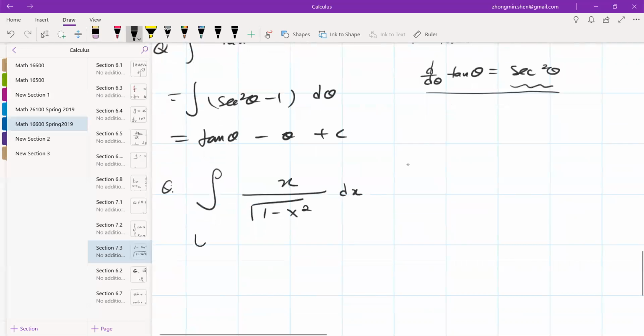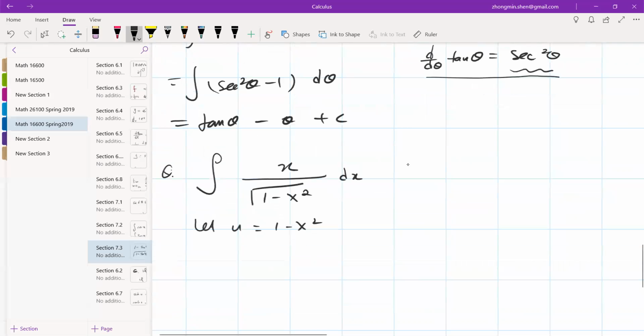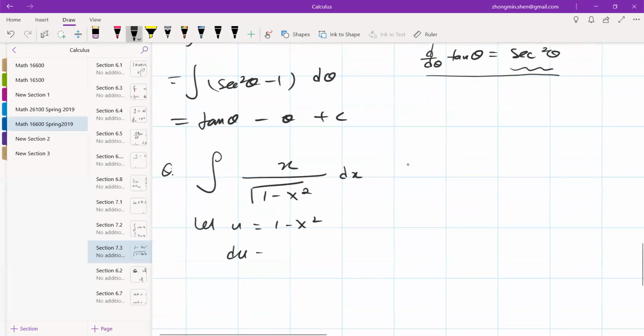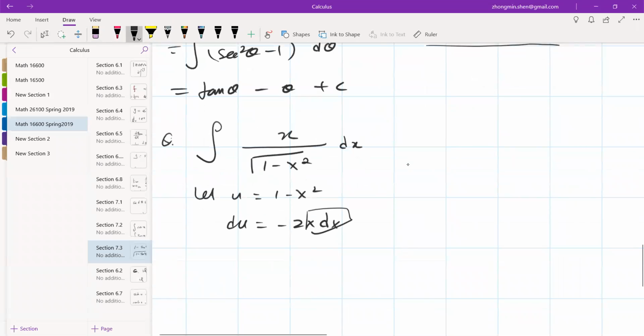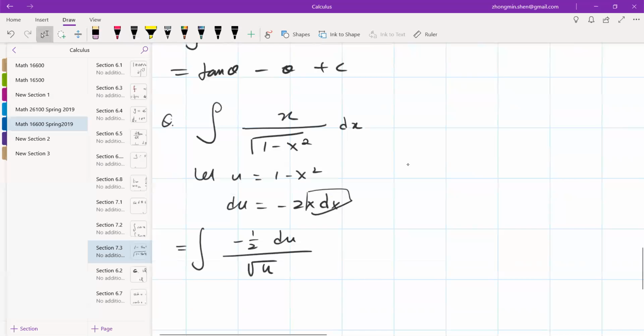You let u be 1 minus x squared. Then du equals negative 2x dx, and that is the one we have. So the integral becomes square root u, and x dx is negative 1/2 du. So that will be negative 1/2 u to the negative 1/2 du.